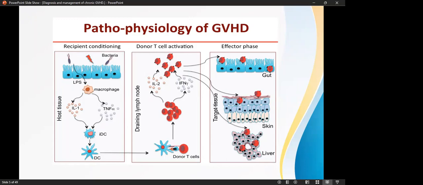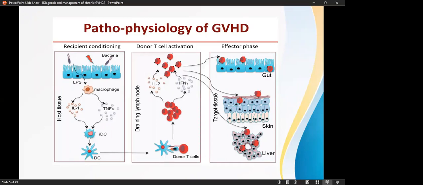Macrophages in turn activate the dendritic cells of the recipient, which, when combined with the donor alloreactive T lymphocytes, results in the proliferation of these lymphocytes through the release of interleukin 2 and interferon gamma.